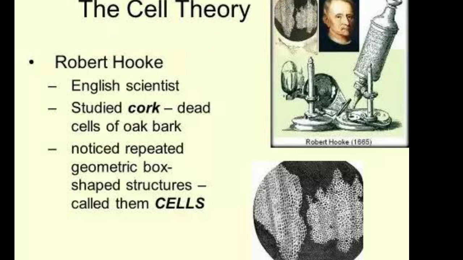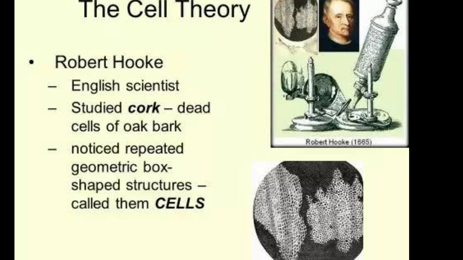He noticed partitioned boxes or compartments in the cork slice, like a honeycomb. He also noticed that one box was separated from the other by a wall or partition. He gave it the name cell. In Latin, cell means a little room.